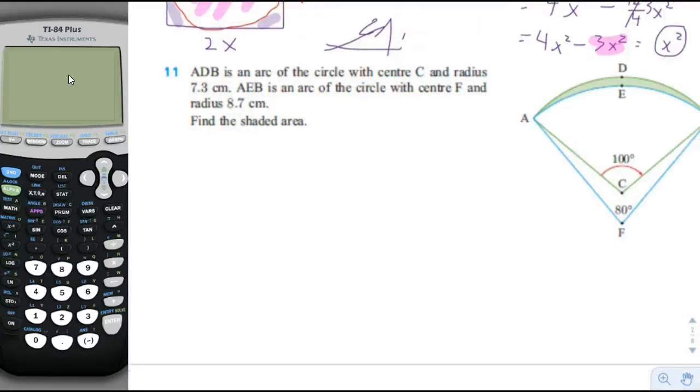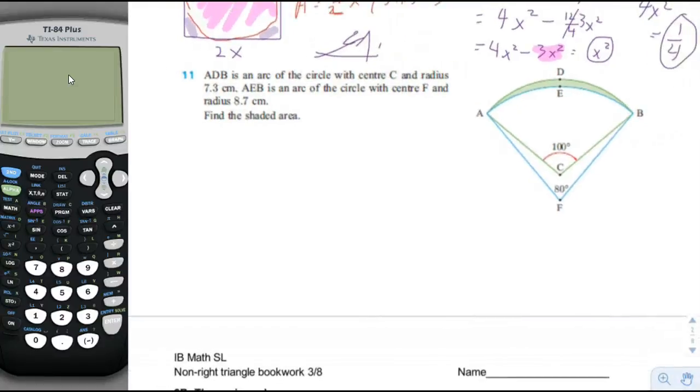Okay, ADB is an arc of a circle with center C. So this is one of the circles here. This arc ADB has center C and radius 7.3. So this here is 7.3 radius.